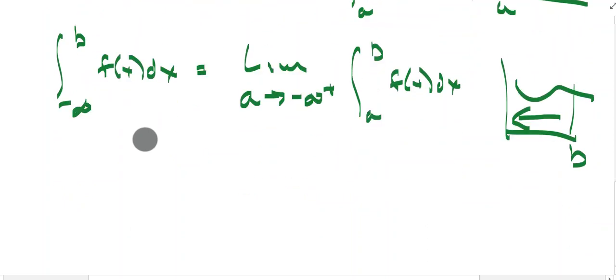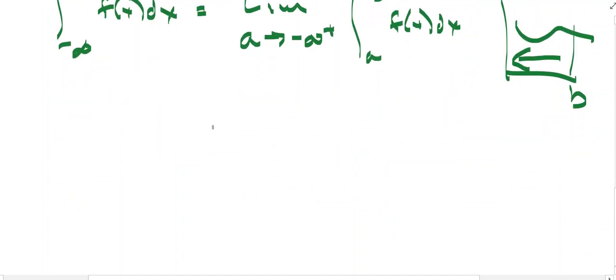And then finally, the third situation is when the lower bound and the upper bound of integration are both infinite. In this particular case, we have to break the integral into two separate integrals that look like the two examples we just did.